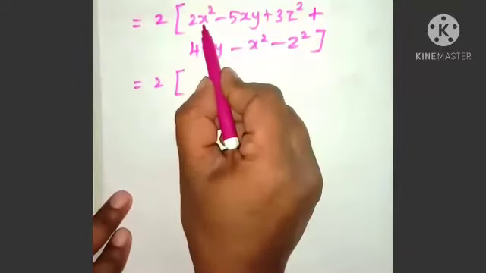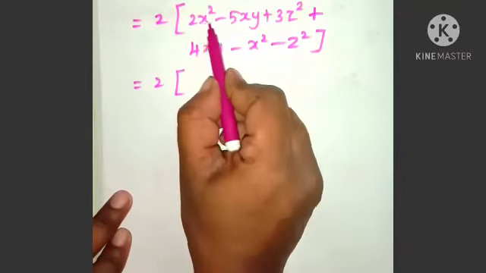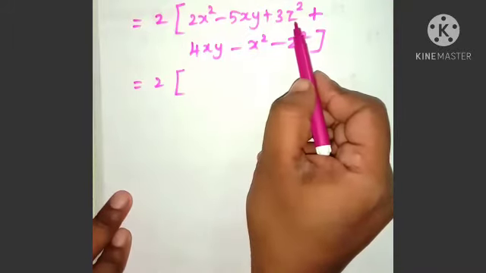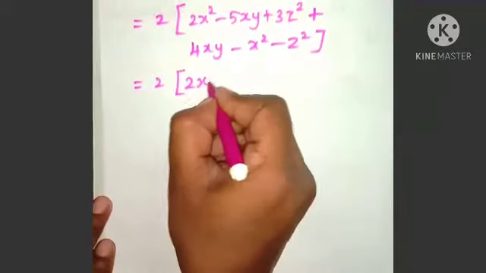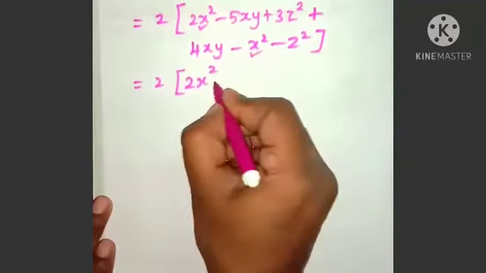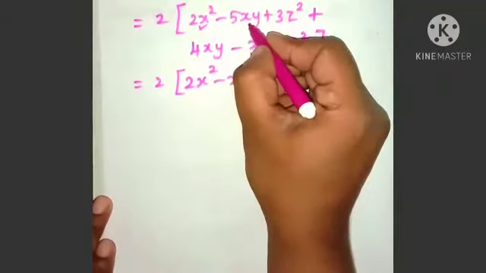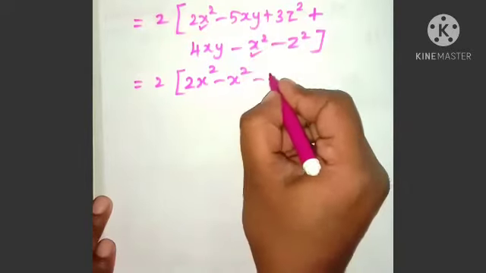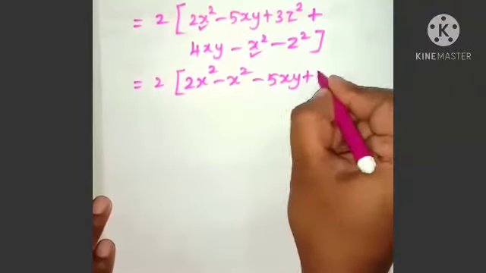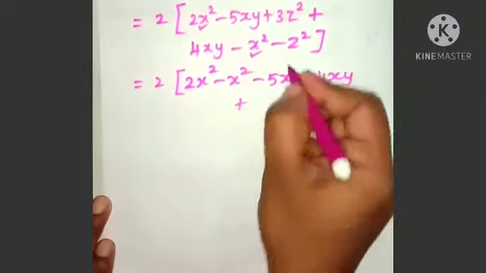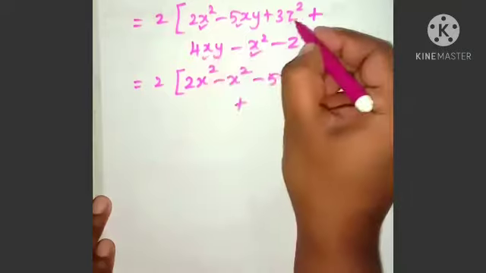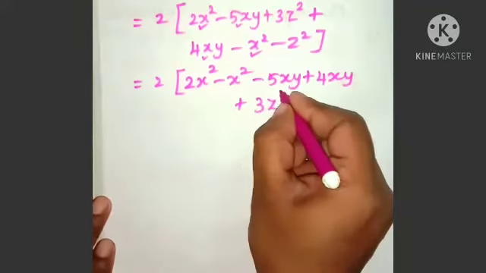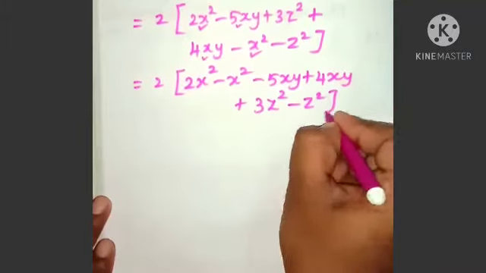Here grouping the like terms of x squared, xy and z squared alone, we get 2x squared minus x squared, and grouping the terms in xy, minus 5xy plus 4xy, and grouping the like terms in z squared we get 3z squared minus z squared.